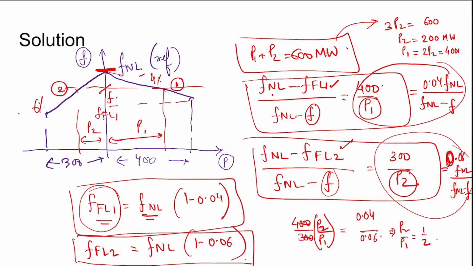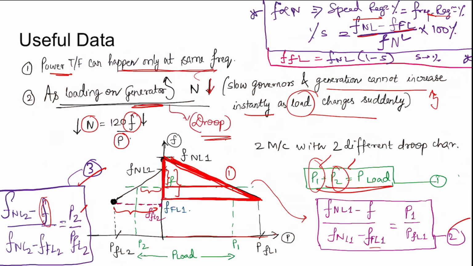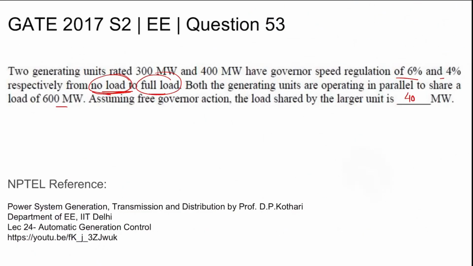So P2 is 200 megawatts and P1 is 400 megawatts. This will be the answer. Since it is asked for the larger unit, which has more full load generation capability, machine 1 is generating 400, that is, operating at full load. So it is 400 megawatts. Thank you.